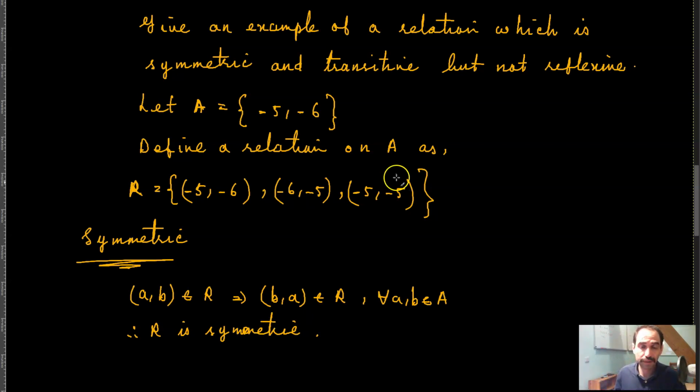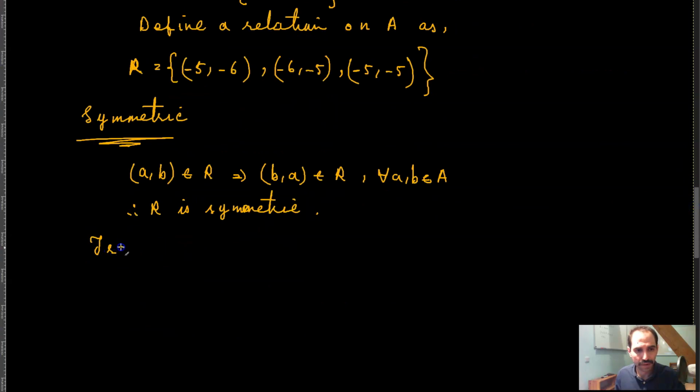In order to show that R is transitive, basically you can see that (-5, -6) belongs to R, (-6, -5) belongs to R, and then (-5, -5) also belongs to R. Over here you can see that (-6, -5) belongs to R, (-5, -5) belongs to R, and so (-6, -5) also belongs to R. So you have no problem there.